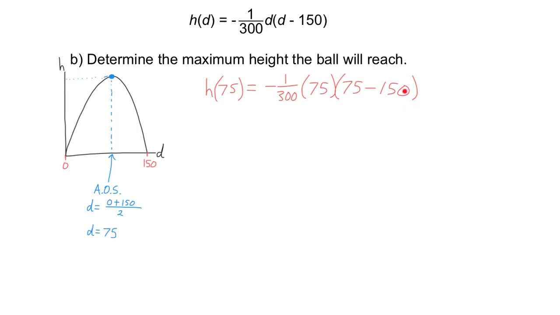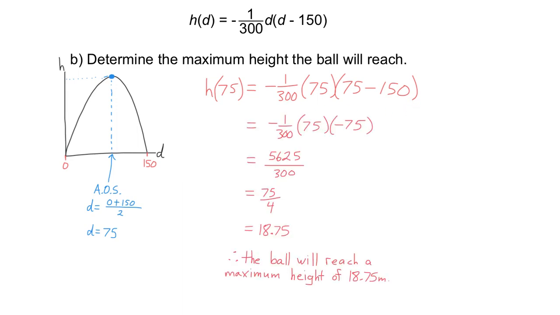Now we can just do the calculation. So when I plug that in and I do the calculation, I end up with 18.75 meters as the maximum height. Because this was dealing with meters, I went to decimals because meters usually are measured with decimals, not fractions. So with a practical example, you want to get to a practical answer.